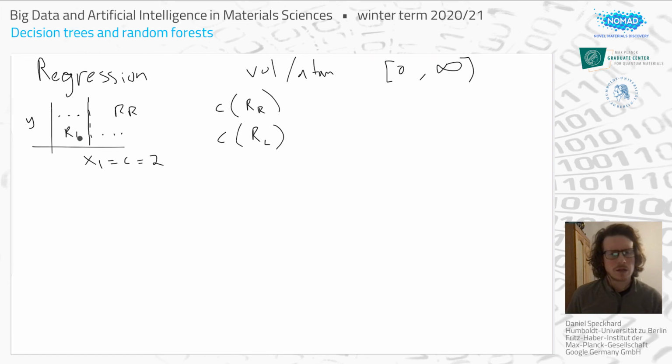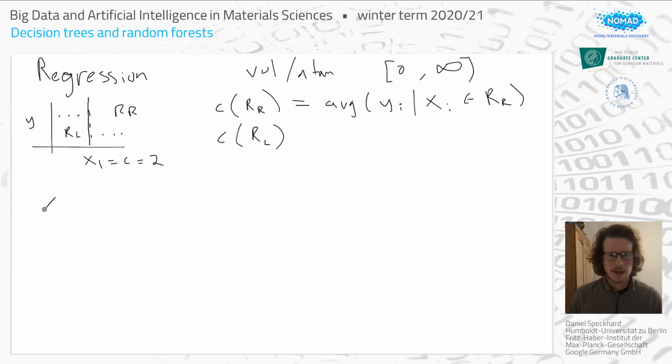And what do we make as our constant estimate? Well, it's going to be the average of the y values when the xi's belong to this region R.